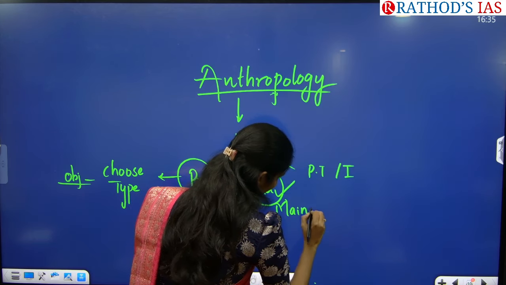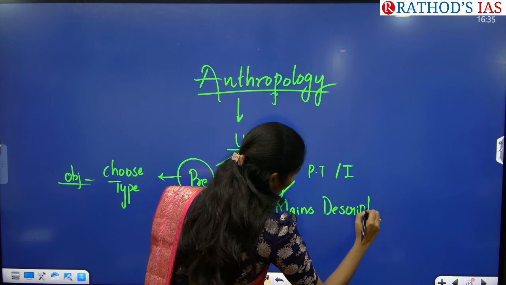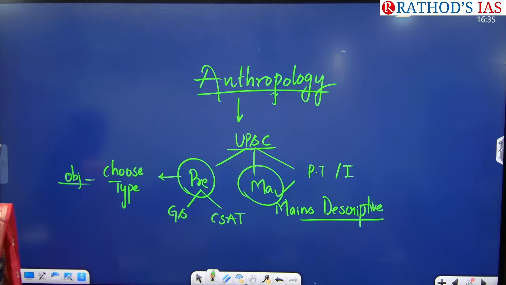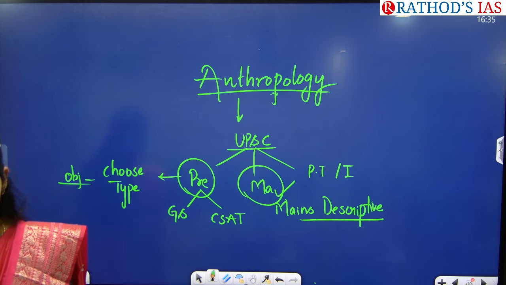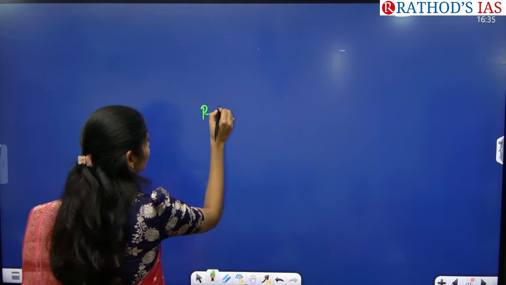Mains is descriptive. That means you have to write your answers. So how many papers are there in mains? Just for information, nine. What are they?